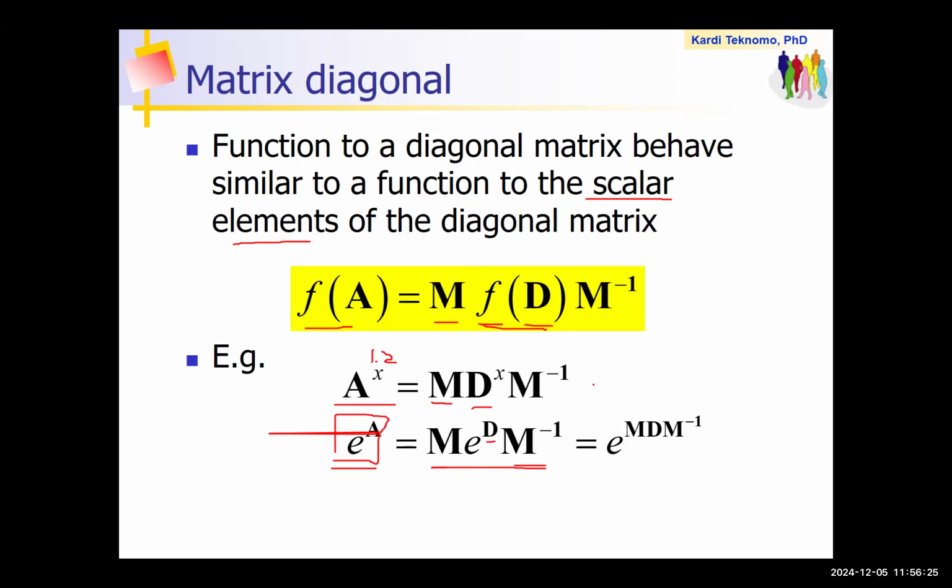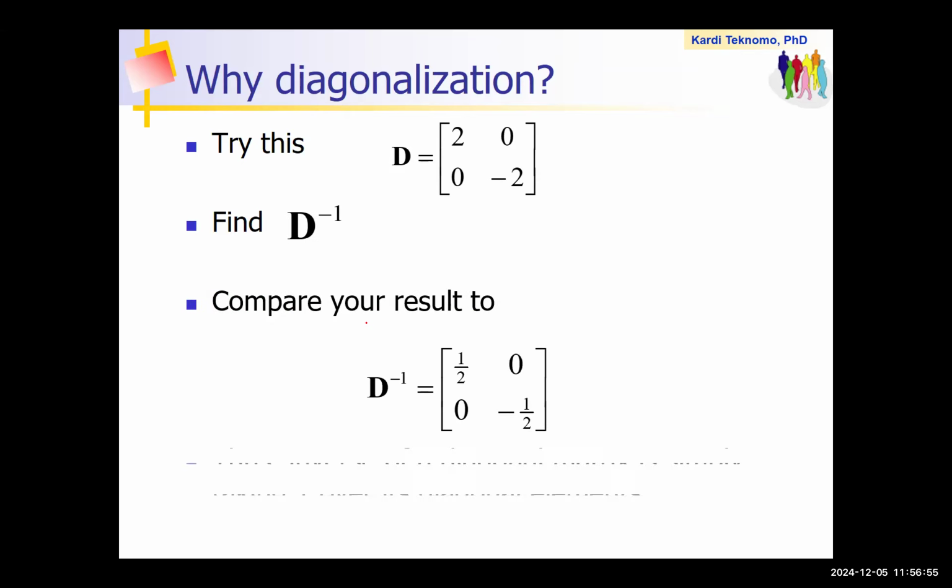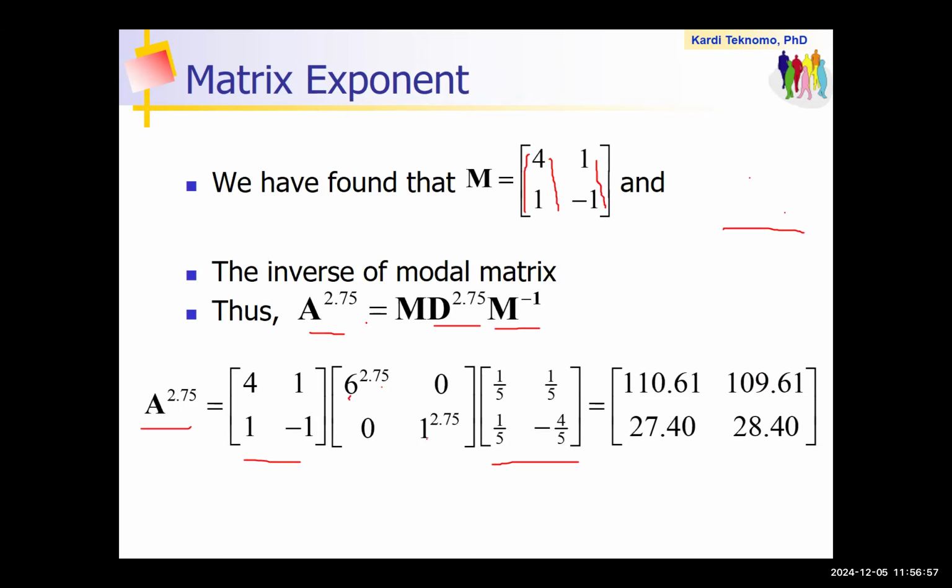And this can only be done if your A has distinct eigenvalues. Distinct means different, no repetition. Is it clear or not? So, any question? Is this too fast?